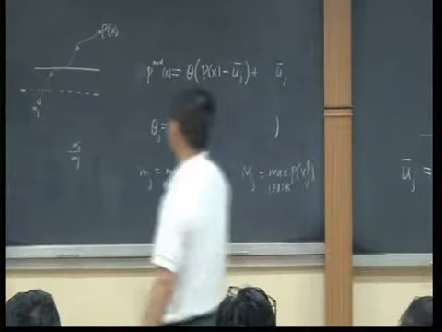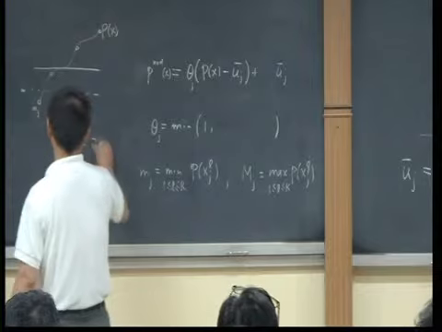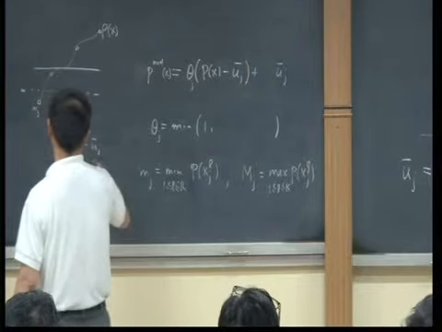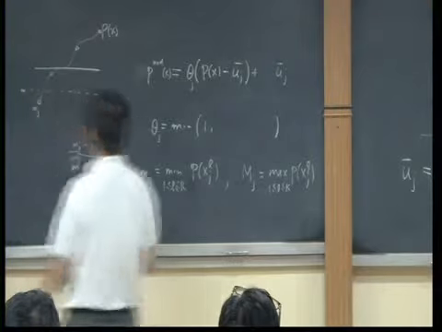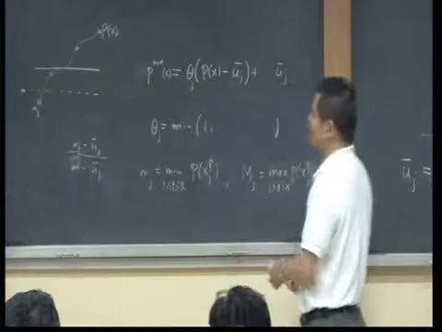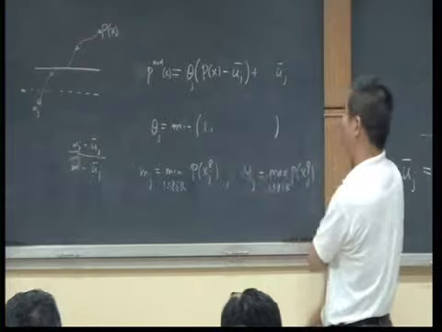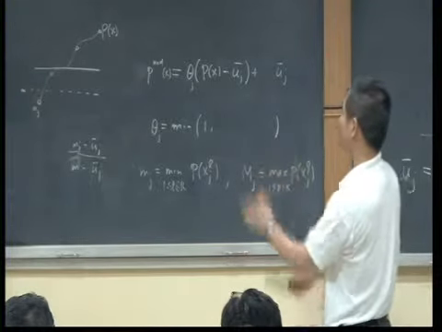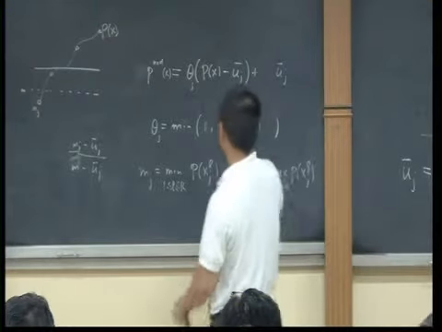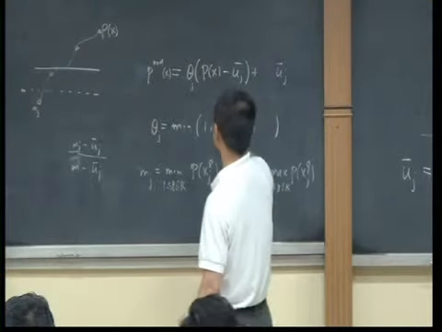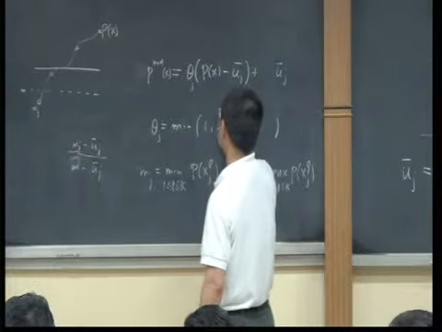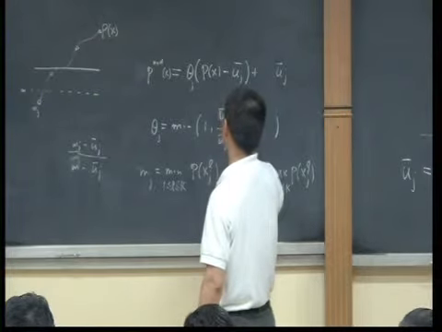mj minus u8j, m minus u8j. Let me see who is bigger. In this picture, mj minus u8j is bigger. The bigger thing should go to the bottom. I think it is this: u8j minus m over u8j minus mj.